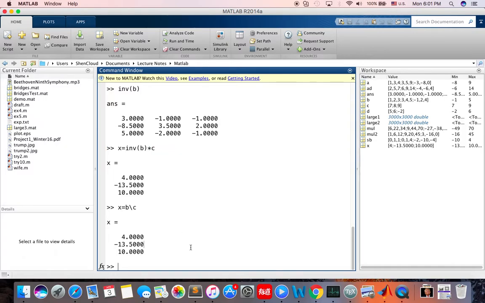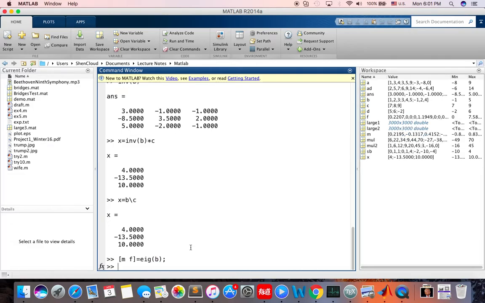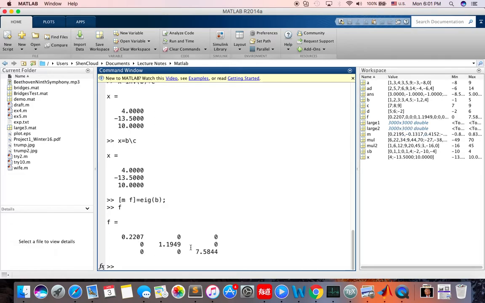And also you can find the eigenvalues for matrices, such as [M, F] equals eig of B. So here F is a 3 by 3 diagonal matrix and each element is one of the eigenvalues for the matrix B here.